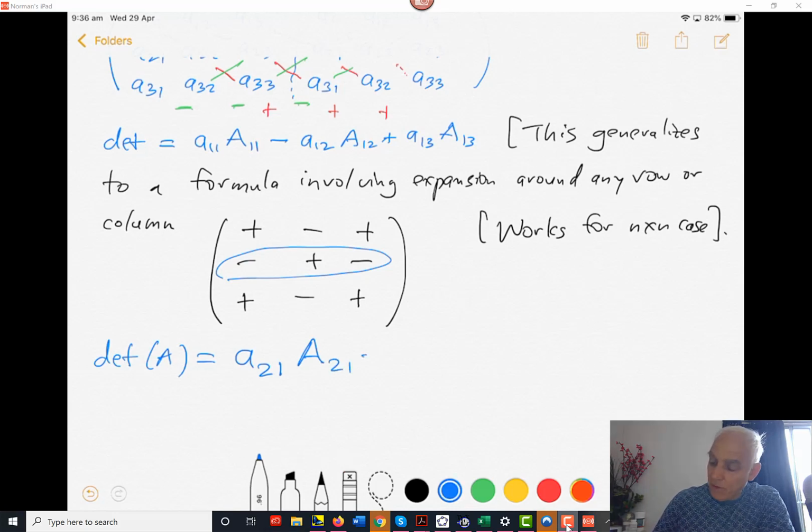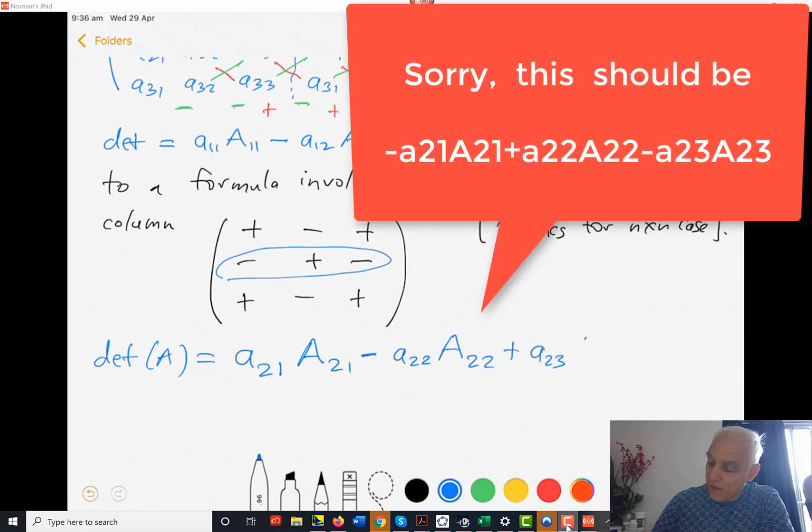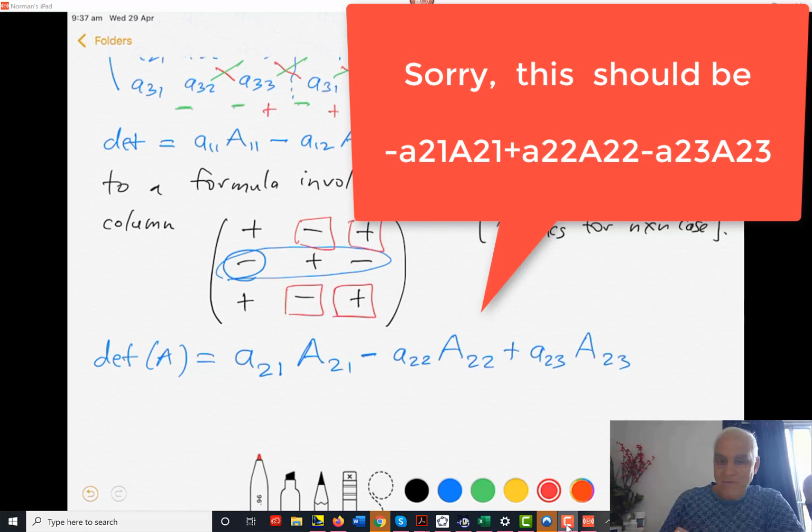And then the next entry along that row would be A22, and we'd have to multiply that by the minor A22. And then plus A23 times the minor A23. So for example, the first term here would correspond to taking the entry here and multiplying it by the determinant of the matrix you get by taking the rows and columns not involving that entry. So that little 2 by 2 matrix there in red, that's the A21 that's appearing here.